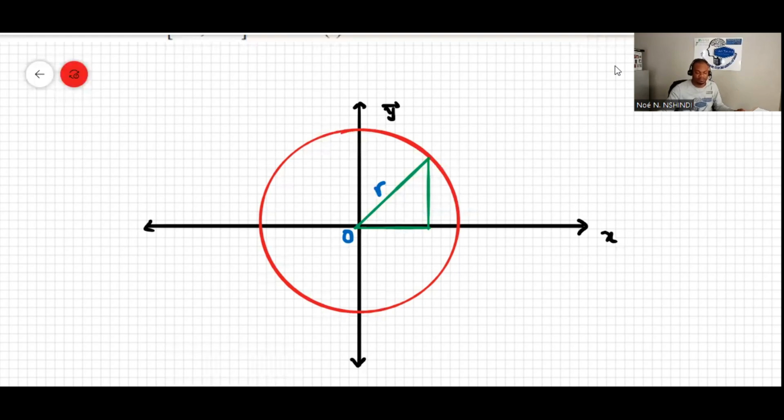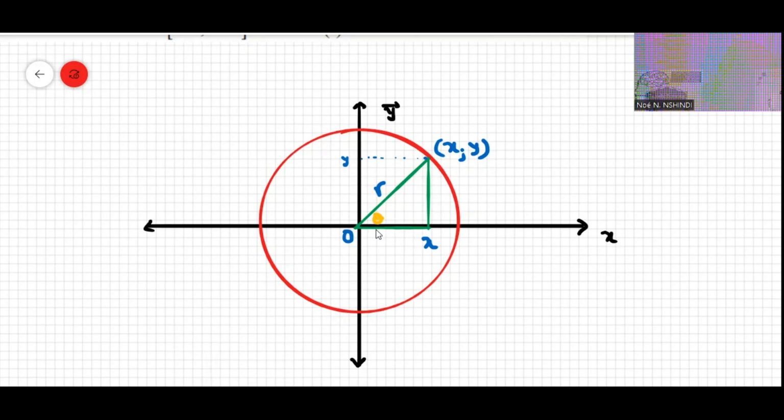And then let's say this point is x, and this coordinate is y. So we have the point x, y. Let's say an angle is here, angle theta.